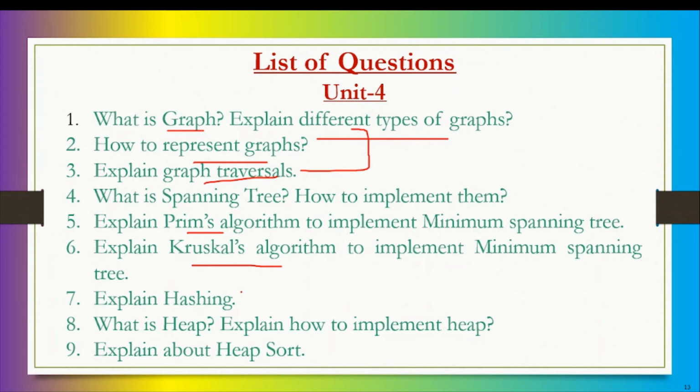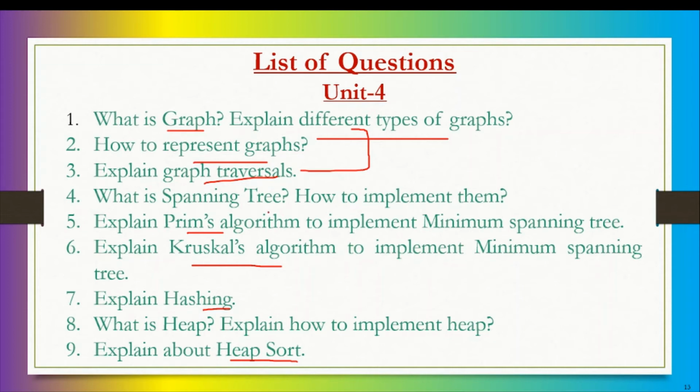And another is the hashing. You learn about the graphs and this chapter. If you learn these two chapters perfectly, then heap sort or heap implementation, you can attempt for the short questions. This heap sort is also a long question. Or hashing, hash value or hash function, that kind of short question can be asked from this unit.